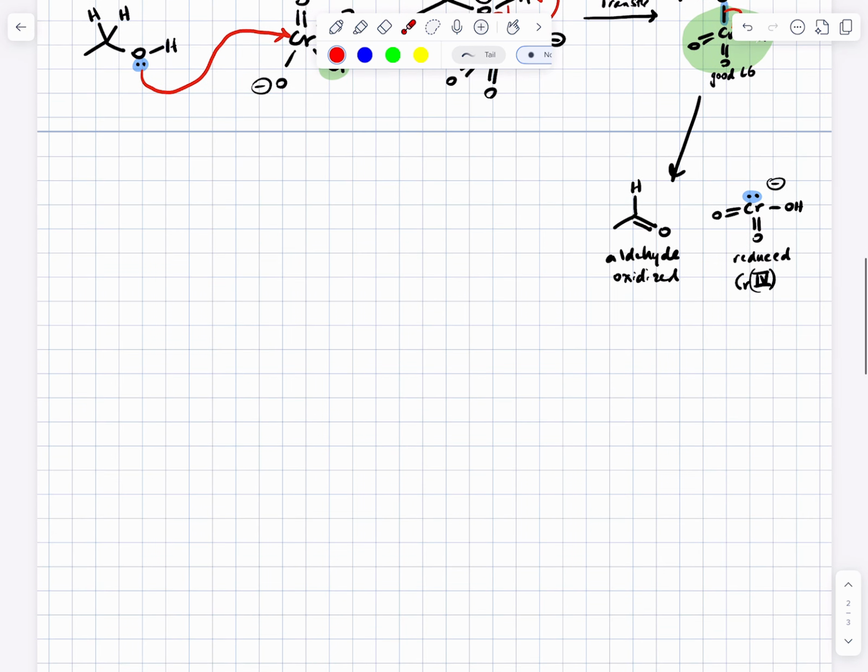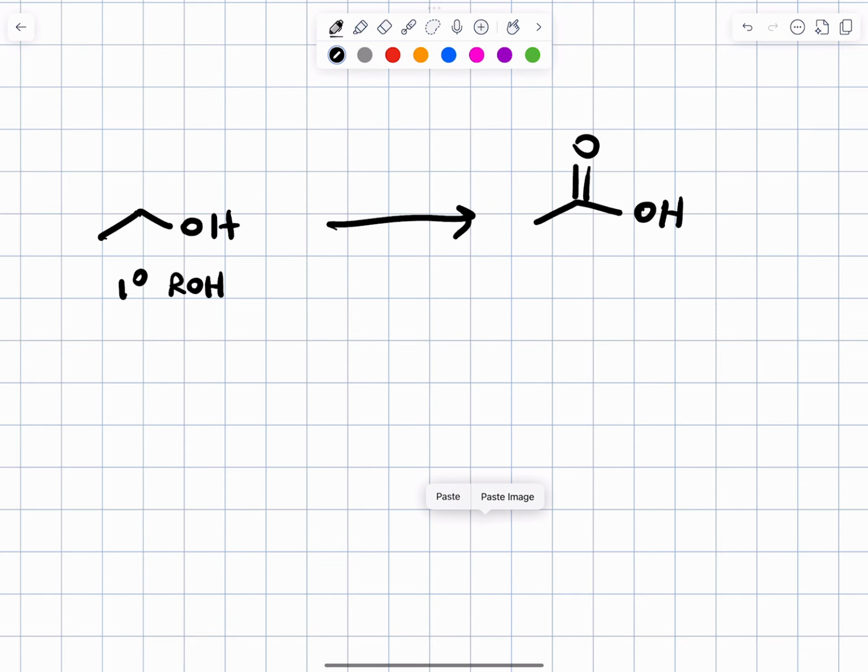All right. So let's talk about what if we wanted to oxidize the primary alcohol all the way to the carboxylic acid. We're going to use a related reagent. It's also going to be a chromium 6 reagent. It's not going to be PCC.